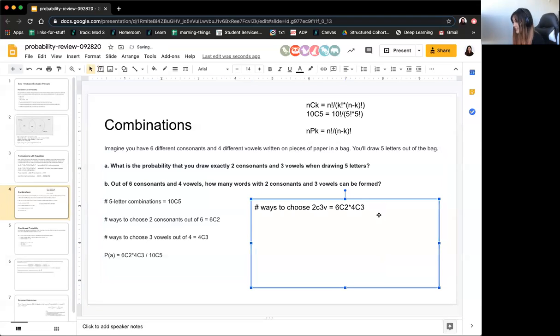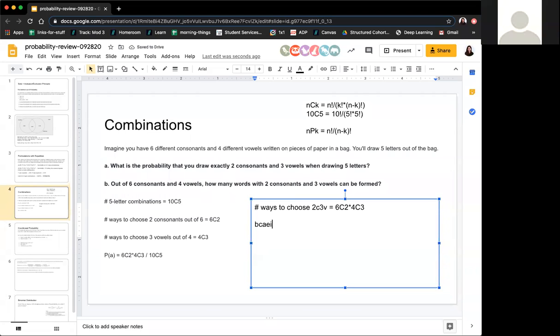Now, in this example here, we have only chosen these. So if you remember, when you choose things, the order doesn't matter. So for example, if I have 2 consonants and 3 vowels, so let's say I have the word B, C, A, E, I.